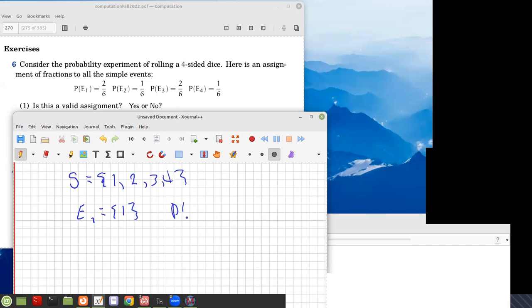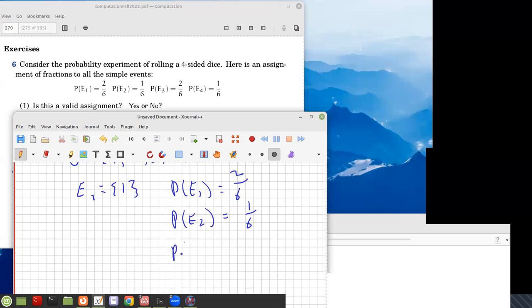So this is the probability of E1, which we're going to assign as 2/6. And then you can see here that the probability of E2 we're assigning as 1/6, and the probability of E3 is 2/6.